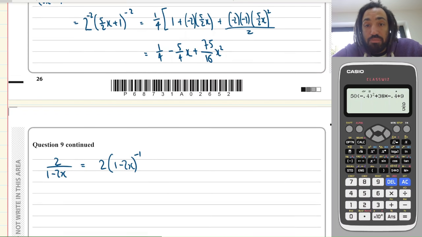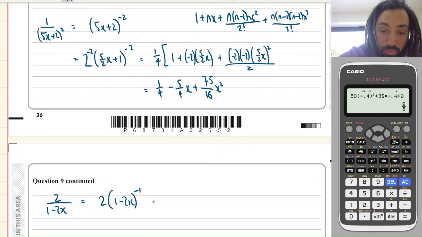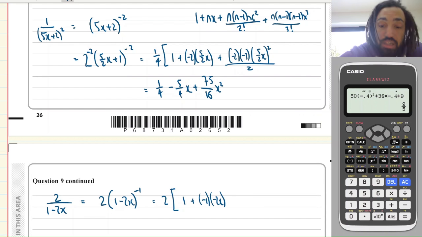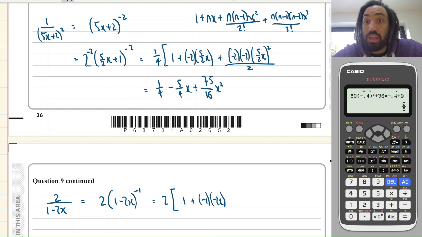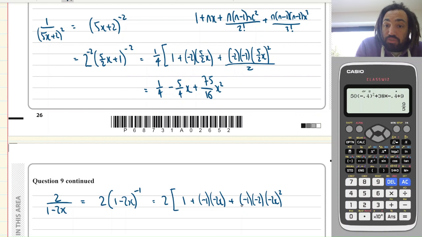And using the same binomial expansion, which I'll just leave up there, we will get 2 lots of 1, and then nx is plus minus 1 minus 2x, and then we have the next one is n, which is minus 1, n minus 1, which is minus 2, and x squared is going to be minus 2x all squared, and that's all over 2.